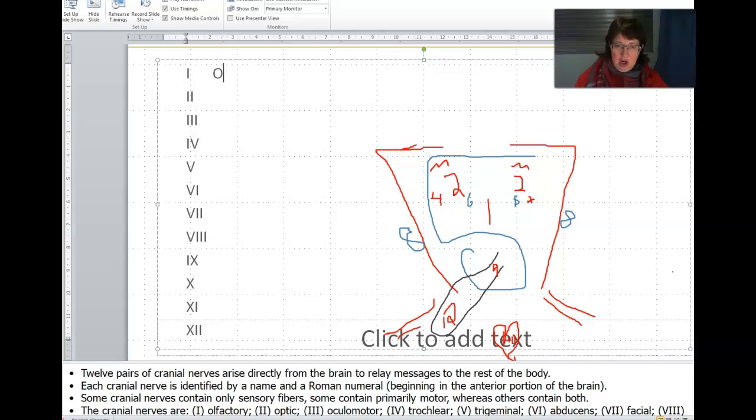But it's on old Olympus's towering top, a fin... It used to be accessory.